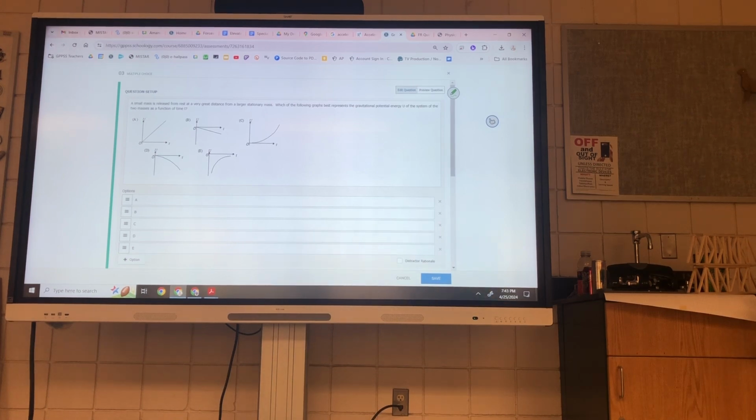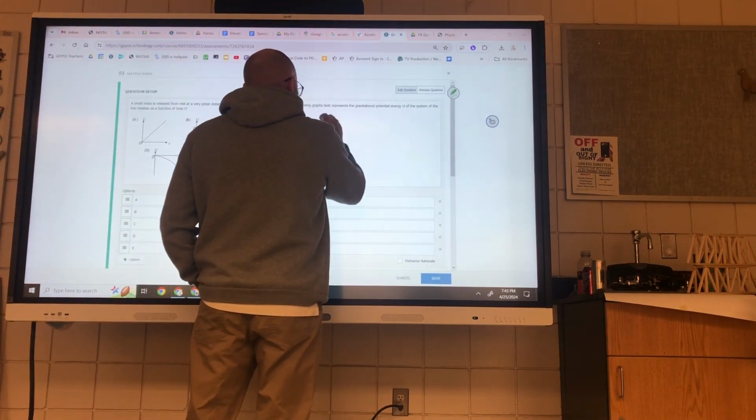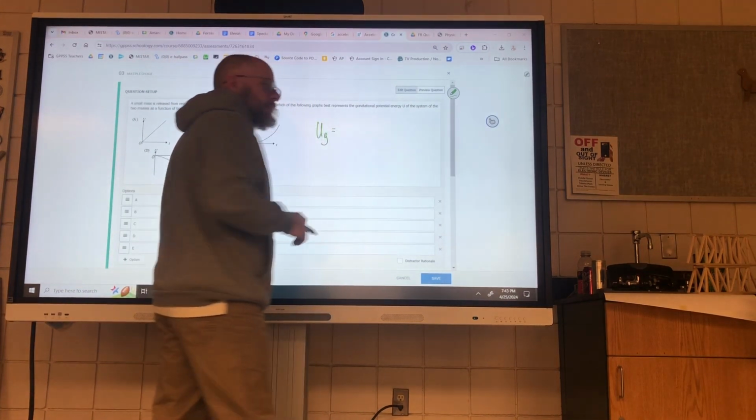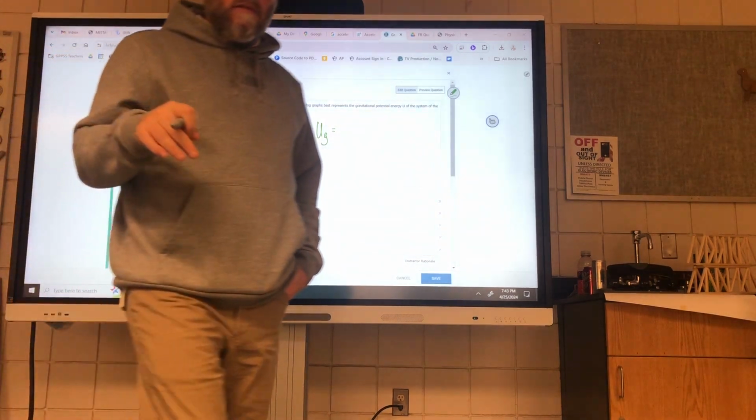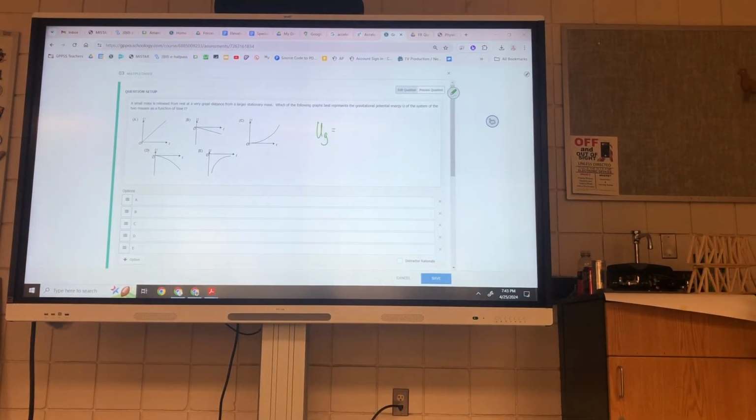All right. So find the equation for gravitational potential energy, but we need it in terms of big G. We need it in terms of universal gravitation. Can you find it? It should be on there.